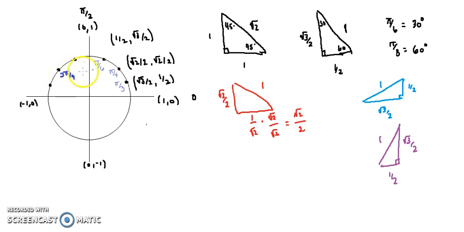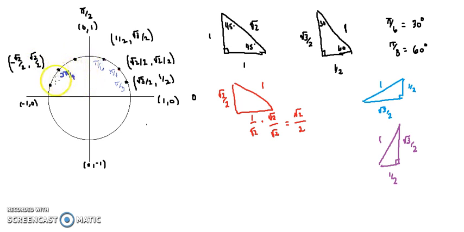Okay, so here's pi over 4, here's 3 pi over 4. It's the exact same geometry over here. It's the exact same triangle. The only difference is that our x is negative and our y is positive. So over here you would have this same point, but you'd have negative square root of 2 over 2, positive square root of 2 over 2.